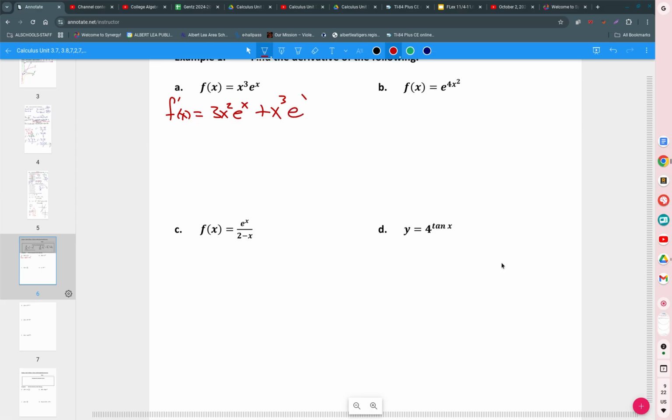Oh, look at that. I'd accept that. However, most commonly this would be written in factored form, because you can take out an e to the x. If I take out an x squared and an e to the x, you can see I'm left with 3 plus x.